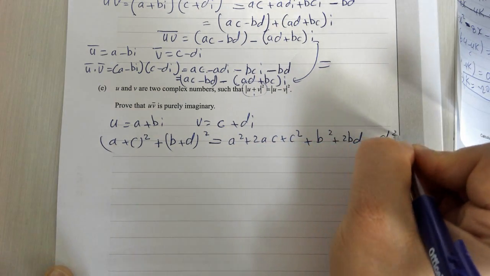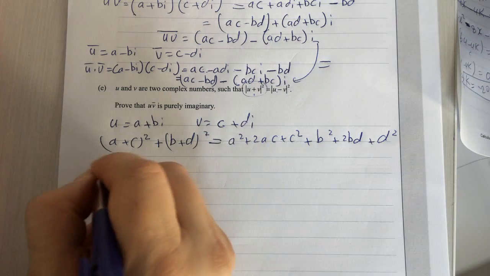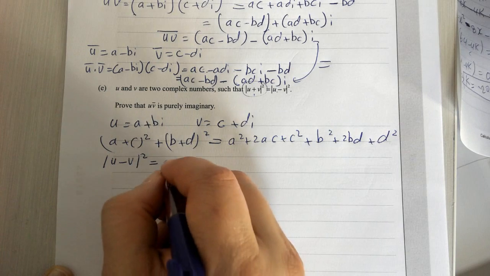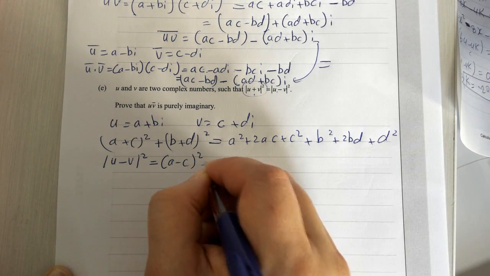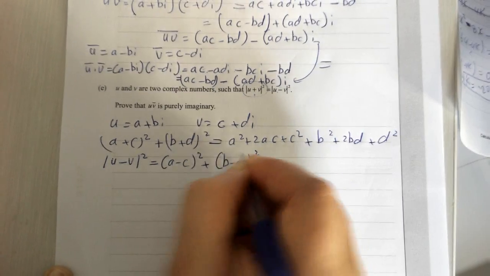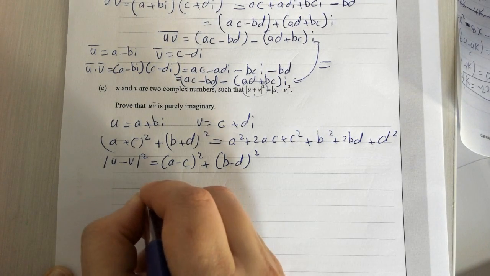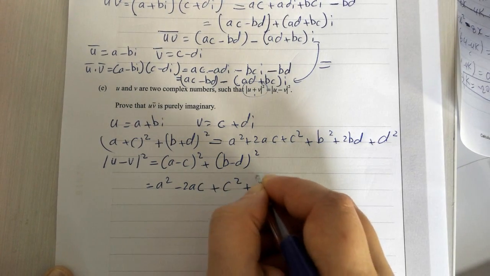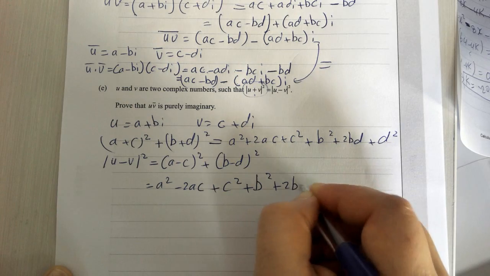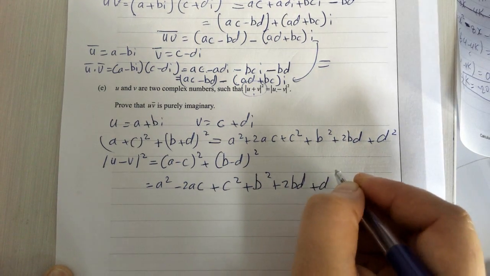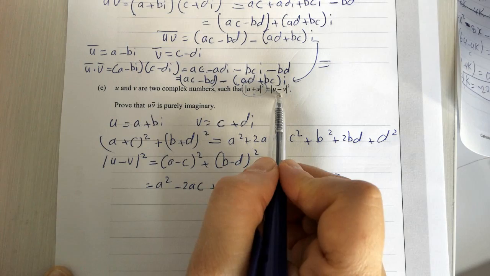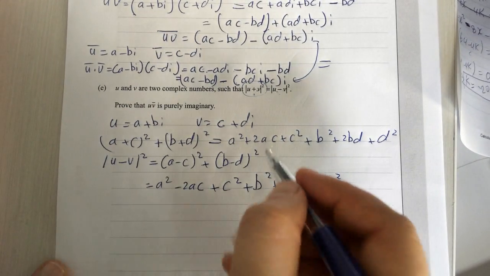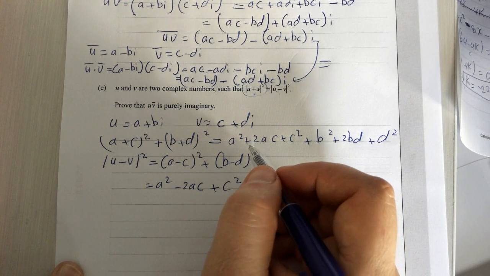I'm just expanding. I'll do exactly the same with this one here, but now it's the opposite. So it's (a minus c) squared plus (b minus d) squared. And then if I expand it, I'll end up with this. Because those two are equal, the real part for one is equal to the real part for the other.